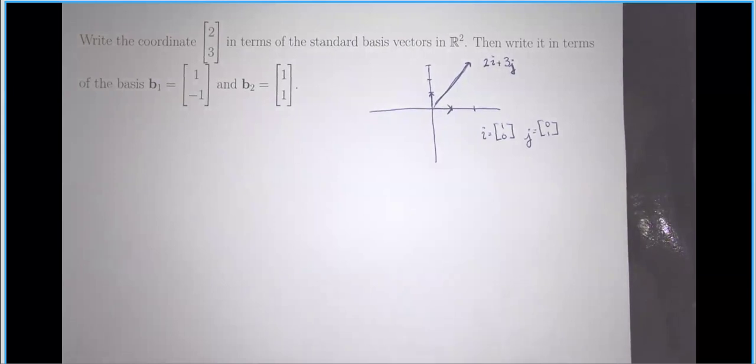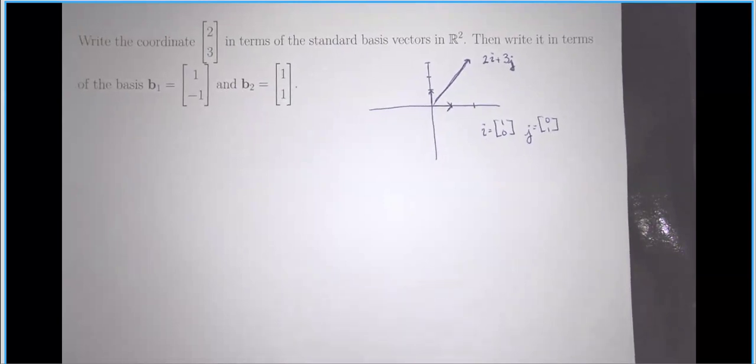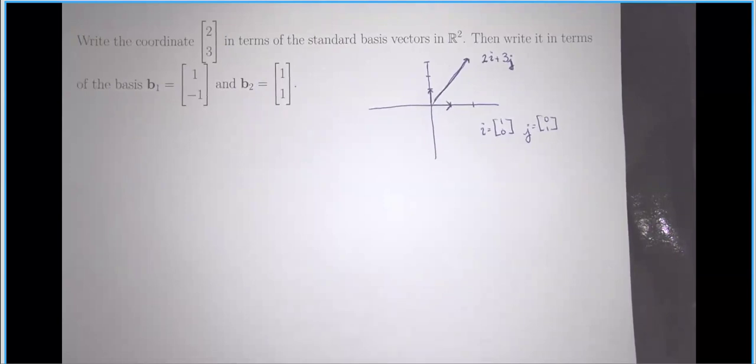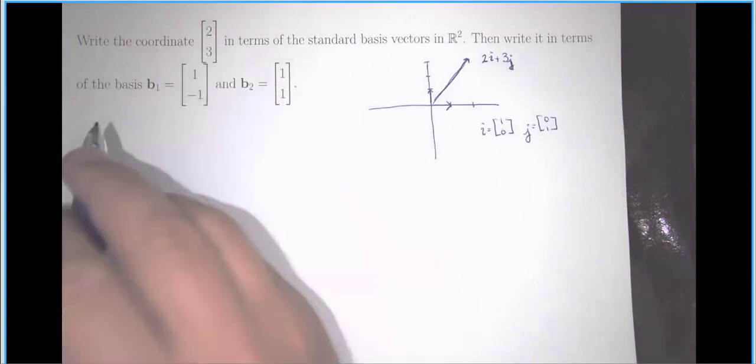If we want to write it in terms of a new basis, b1 and b2, we have to look at what the vector would look like if 2, 3 was written in terms of this basis.